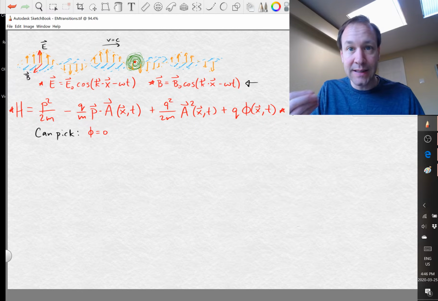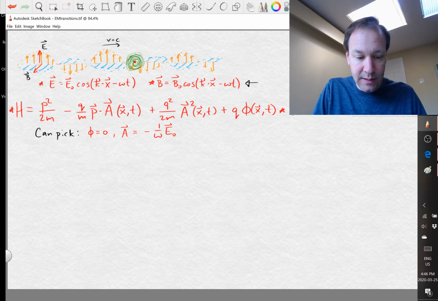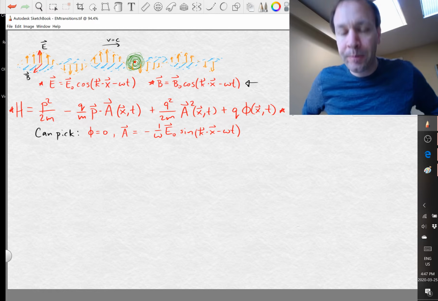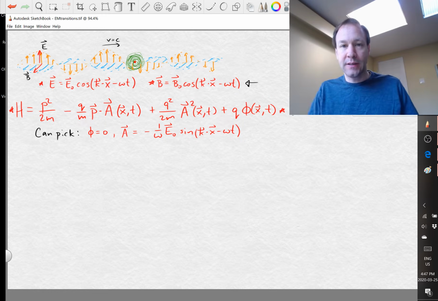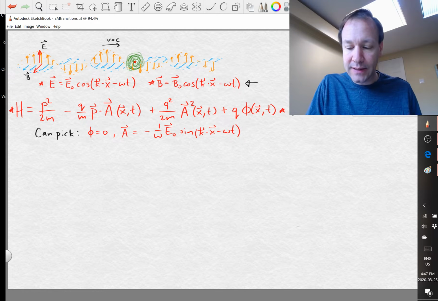So we can actually take the scalar potential to be 0, and we could take the vector potential to be minus 1 over omega times E0 times sine of k dot x minus omega t. You can check that, just plug those into the formulas for the electric and magnetic fields in terms of the potentials, and you should get the results up here.